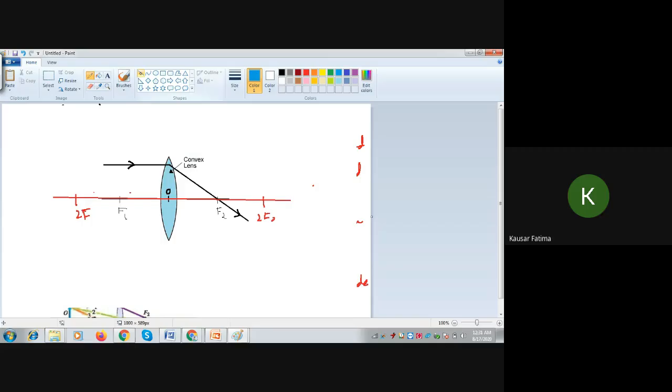When the object is at 2F, how will the image form?